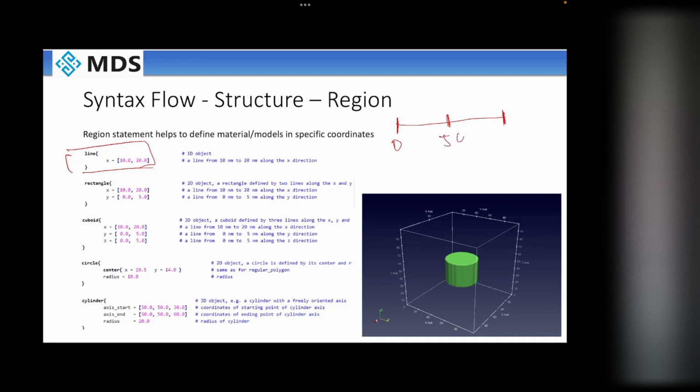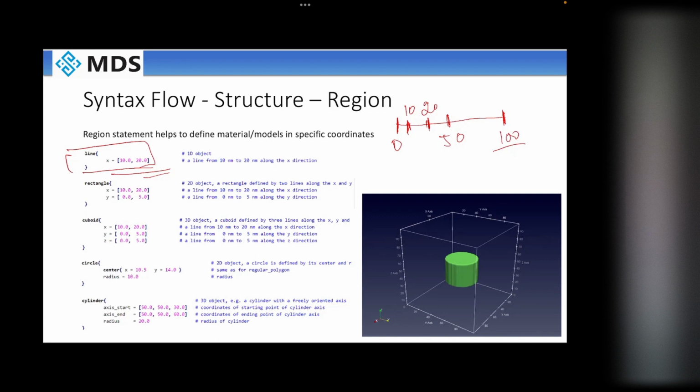Okay. So we have a 50, we have a 100. Then we take a similar example where we start with 10 and go up to 20. We have a particular line or region. This region we have selected, and later on we'll fill the material in this region.